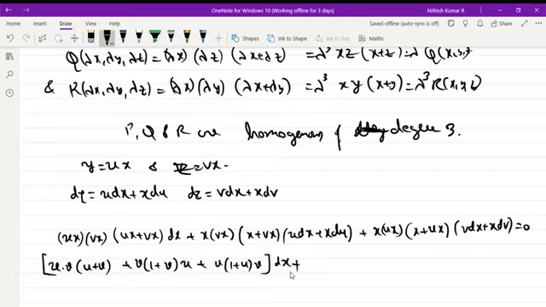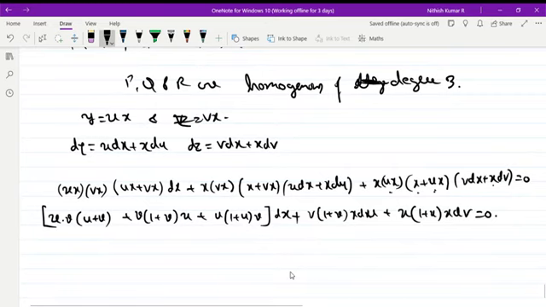plus, with respect to du, v into (1 plus v) into x du, plus u into (1 plus u) into x dv equal to 0.